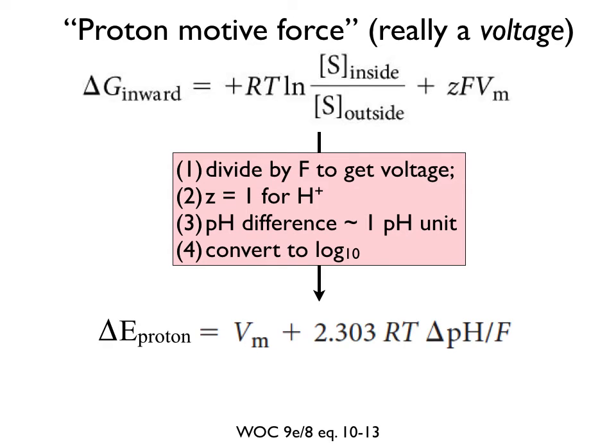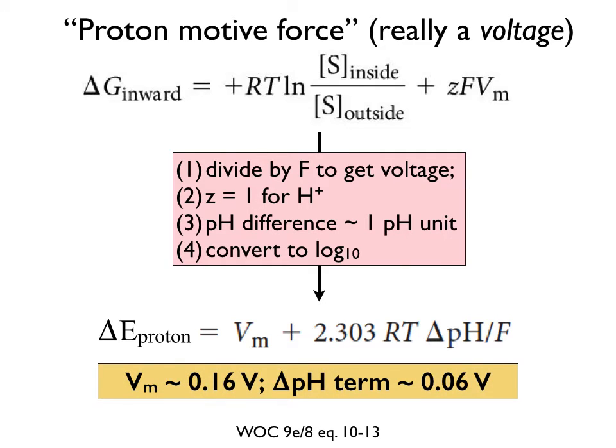The proton motive force is the membrane voltage plus a constant times RT times the change in pH divided by the Faraday constant. So it turns out that in this case, the membrane voltage is about 0.16 volts, and the change in pH leads to a voltage contribution of about 0.06 volts.